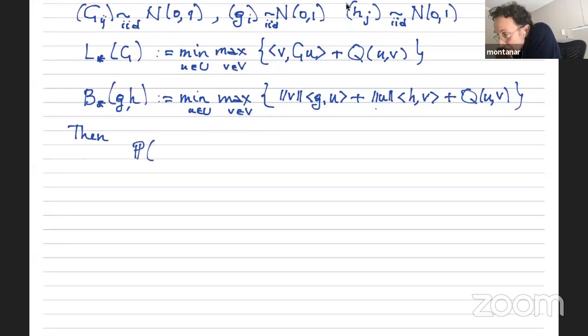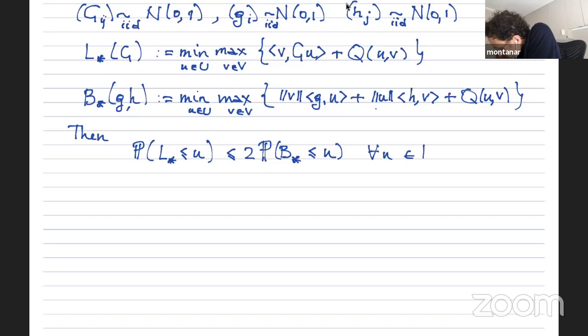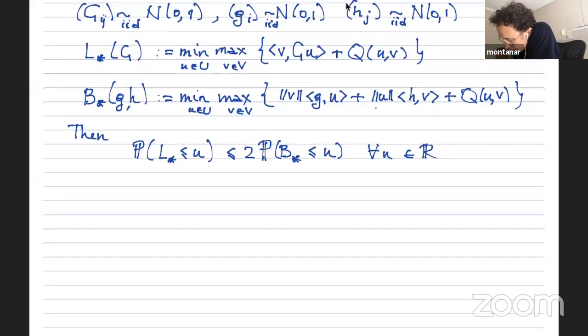The probability that L star, okay, let me omit the argument, for any U. So in other words, B is a stochastic lower bound to L. So this gives you one side.